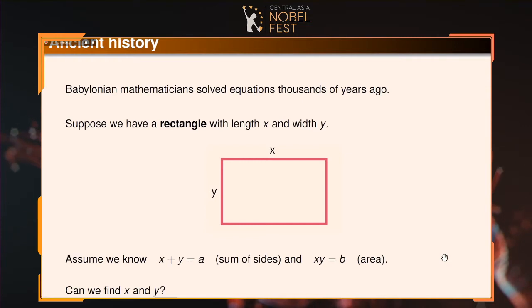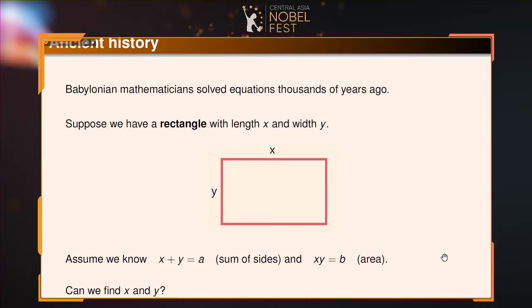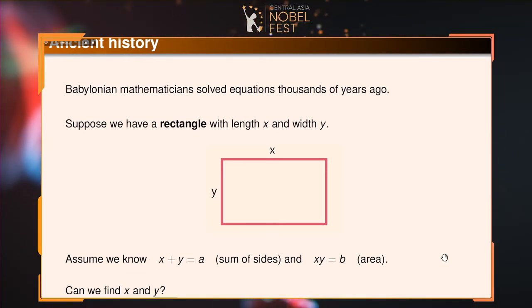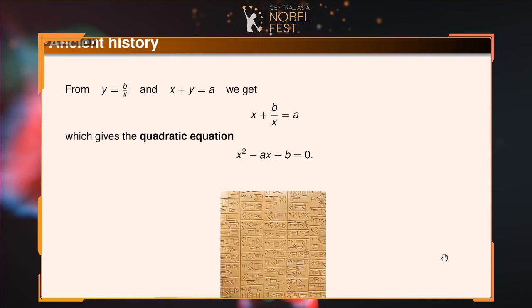And the question is, can you find x and y out of these two pieces of information that you have? You know x plus y, you also know x times y. Can you find x and y? And this can be translated into a problem as follows.